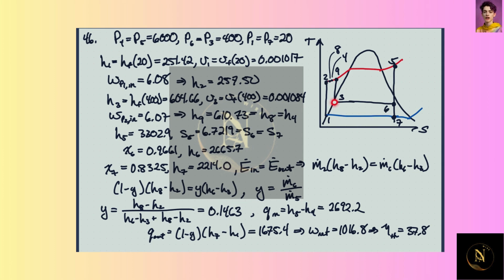And likewise, we can get the enthalpy and the specific volume at 3, which then gives us the specific work from 3 to 9 is very, very similar because, again, we're pumping from here to here doesn't require a lot. So going from here to here and from here to here is much the same. And then we can get the enthalpy at 9.